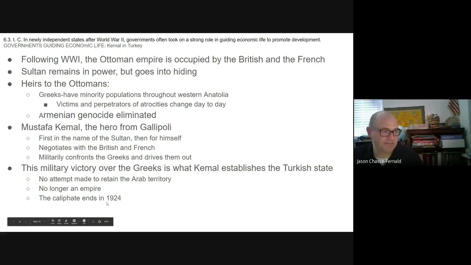He initially begins in 1924 by making a very major reform, eliminating the caliphate.